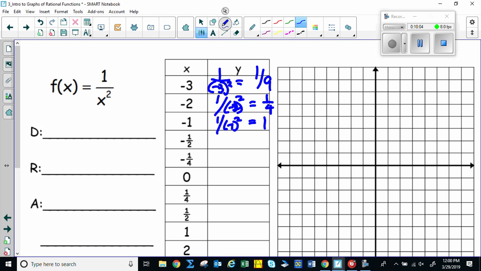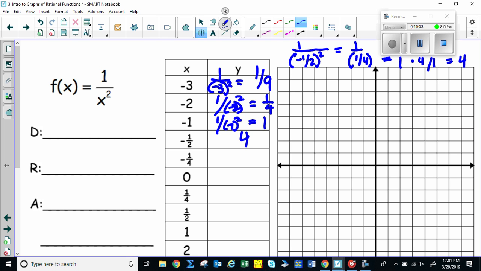If you want to, let's slow down here for this fraction. I'm going to take 1 and divide this by negative 1/2 squared. What's the very first thing I would do? Square the 1/2. So this would be 1 over 1/4, and now I can multiply by the reciprocal. So this would be 1 times 4 over 1, which equals 4.